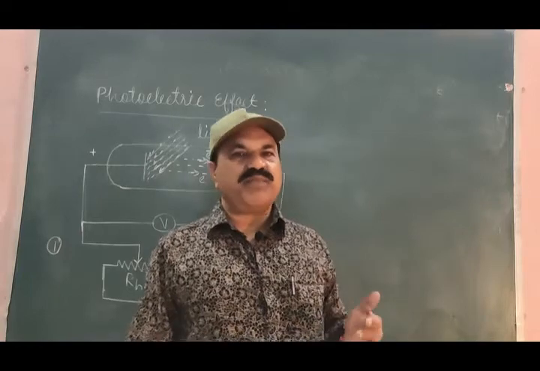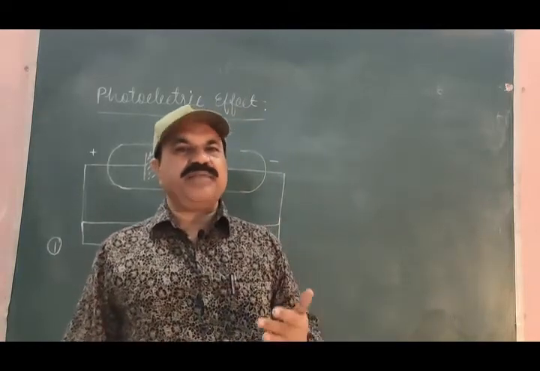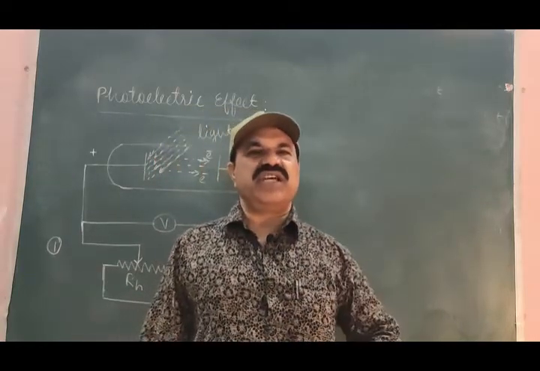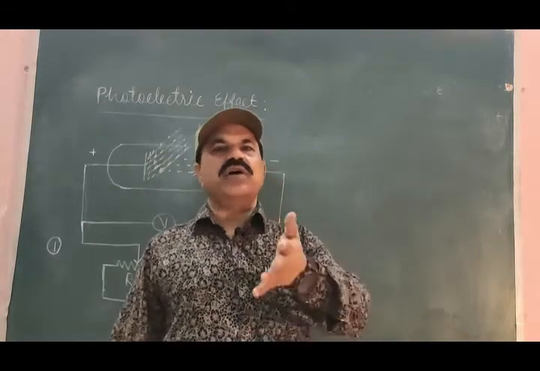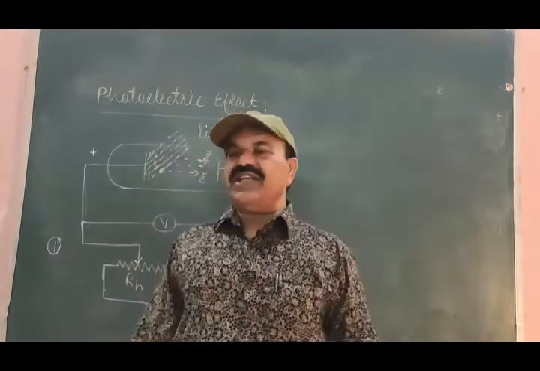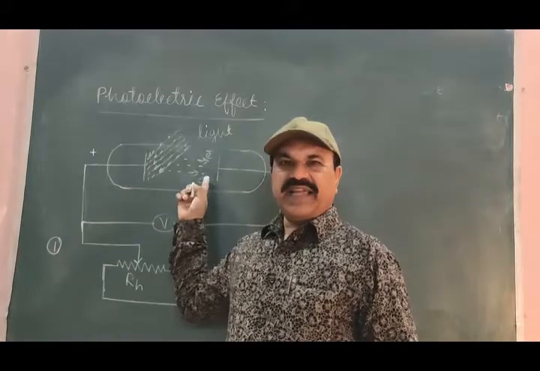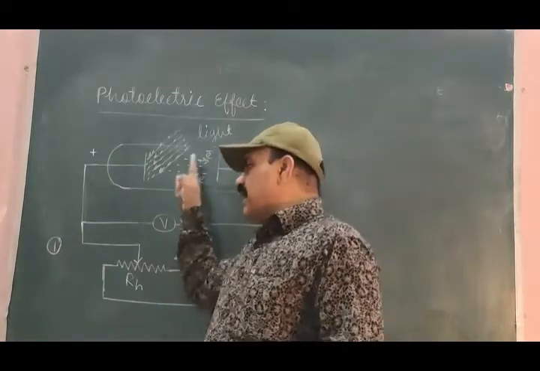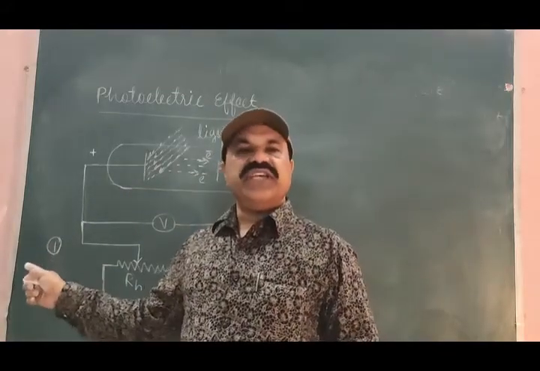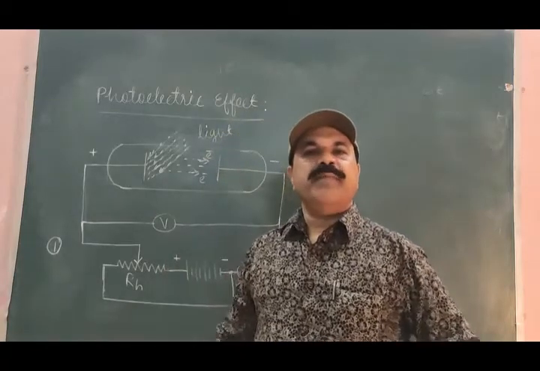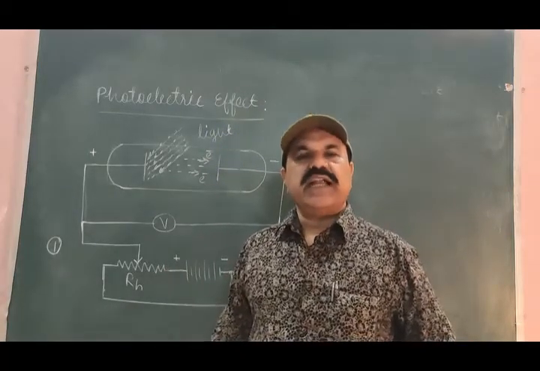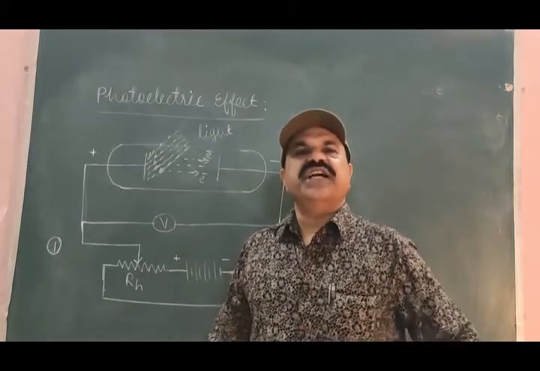Why is it known as stopping potential? It is because this potential stops all the electrons reaching this plate, and therefore the current flowing through the external circuit is completely stopped. The current flowing is ceased completely.